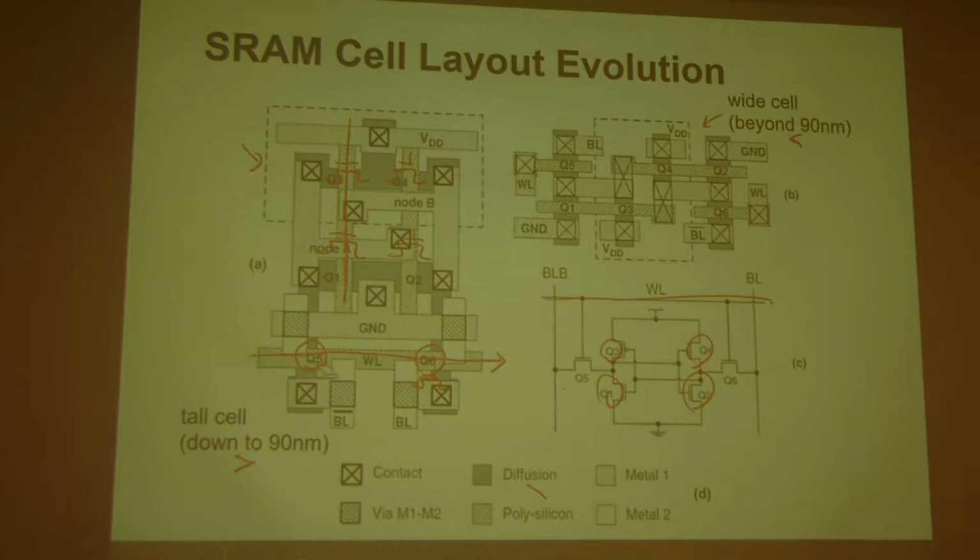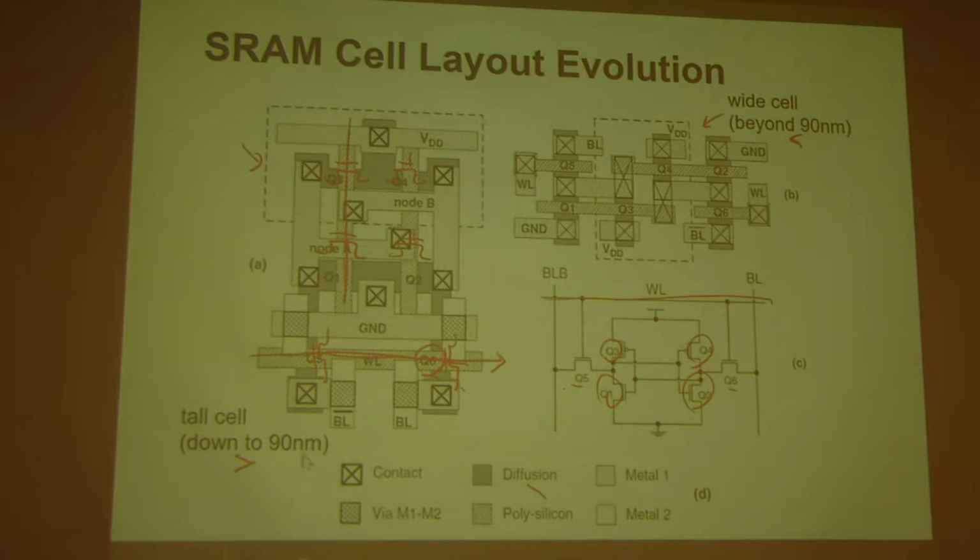The Q5 and Q6 actually are vertical, because the gate is horizontal, so the Q5 and Q6 are vertical. So those are the pass gates, Q5 and Q6 at the bottom. So this design is actually more compact.